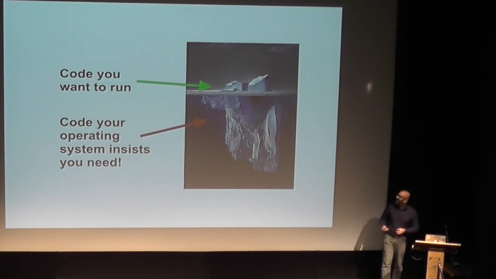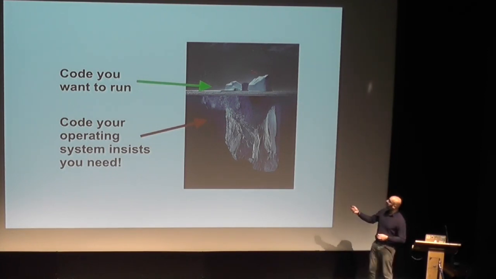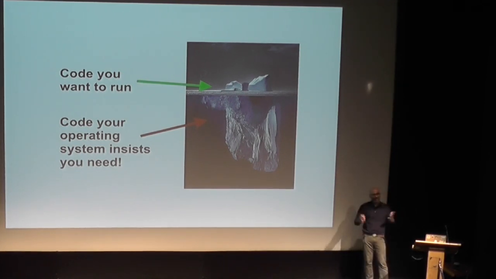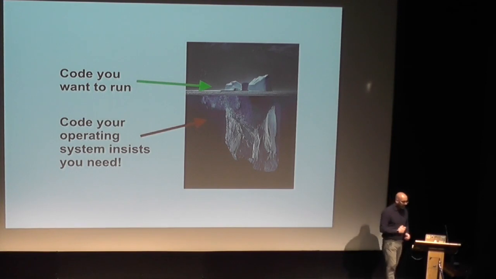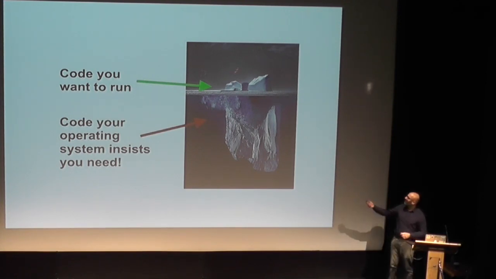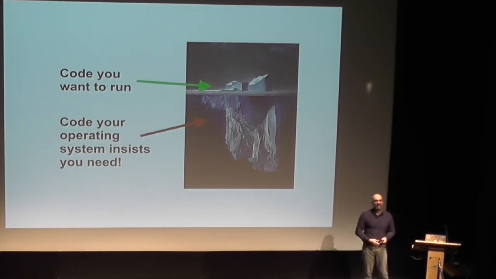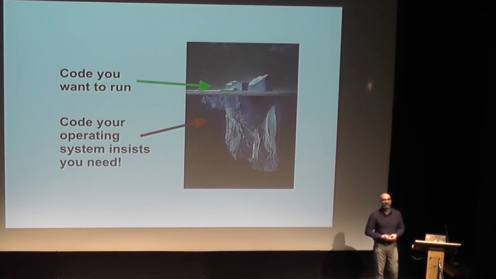And then underneath the tip of the iceberg that you've written, there's vast amounts of growing code that is dragging down your system, that your operating system and your frameworks all insist you need. And we want to figure out, will this iceberg ever get bigger and bigger and bigger? Will we end up in a few hundred years becoming kind of archaeologists that do nothing but dig through layers and layers of computation in order to figure out what is going on under the hood?